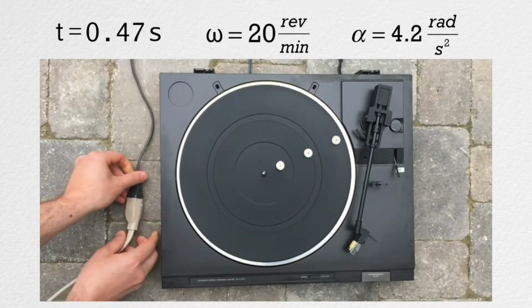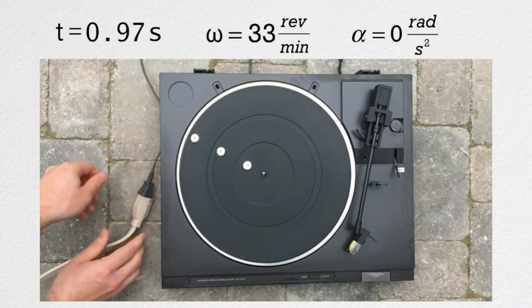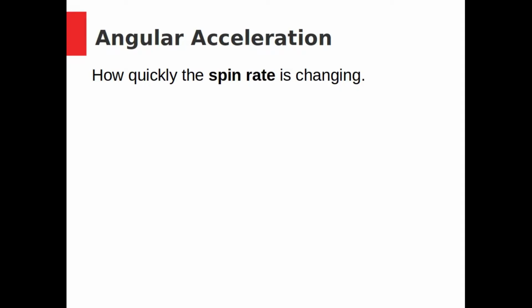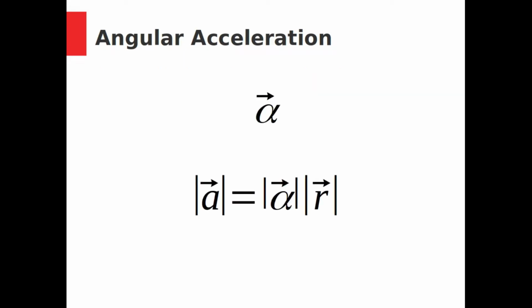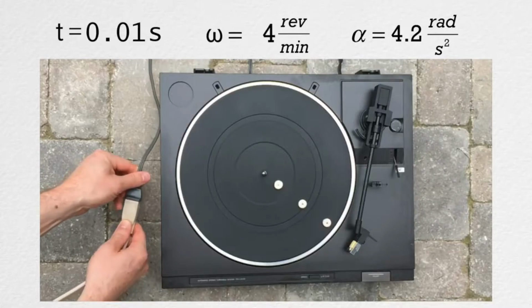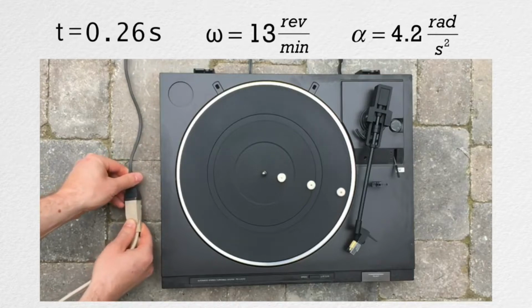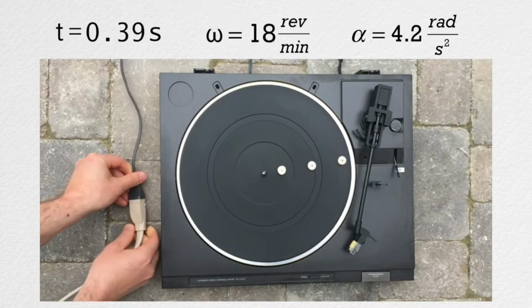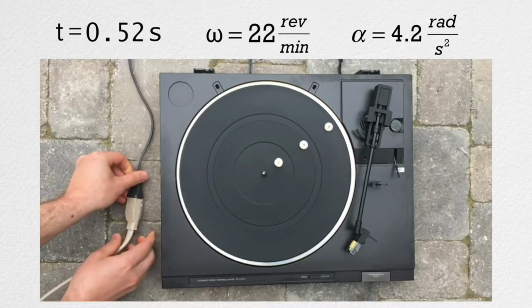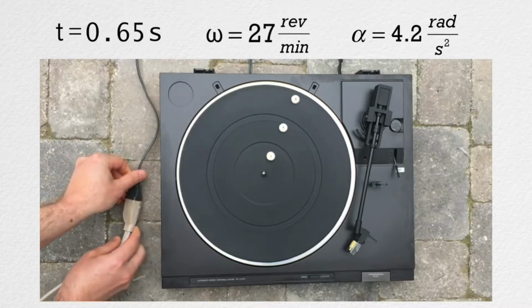And now we turn to angular acceleration. This is the rate at which the spin is speeding up or slowing down. It is symbolized by the Greek letter alpha and measured in radians per second squared. A positive angular acceleration means either an object is speeding up in the positive counterclockwise direction or slowing down in the negative clockwise direction.